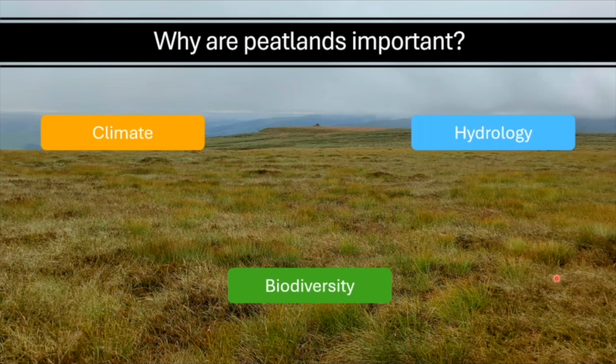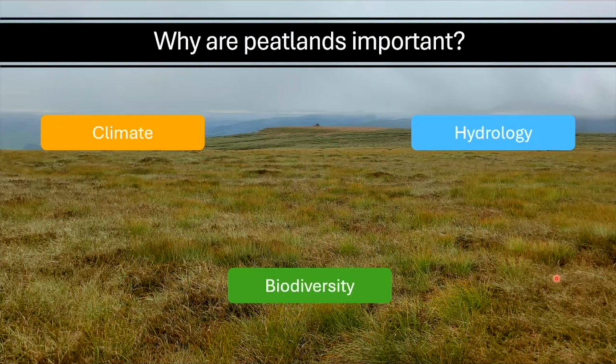And normally, when they die, they will decompose and release that CO2 back into the atmosphere. But in peatlands, because it's so wet and so acidic and there's so little oxygen, they tend not to decompose. And so that carbon dioxide gets trapped and stored in the peat instead.